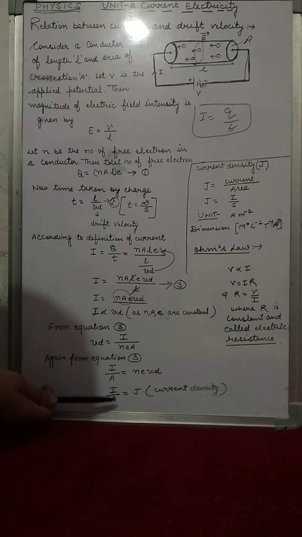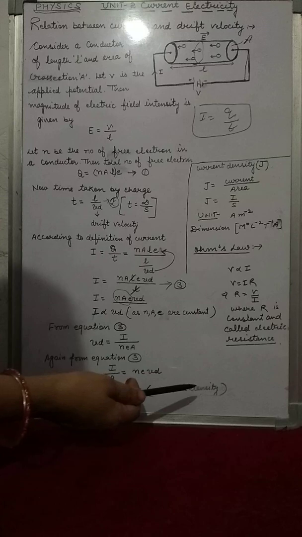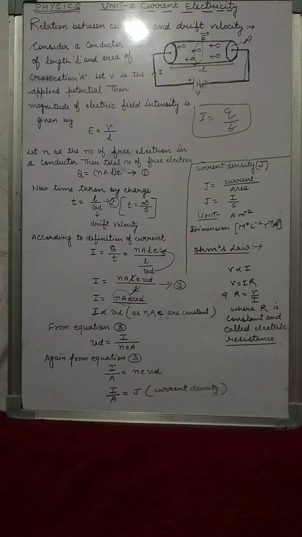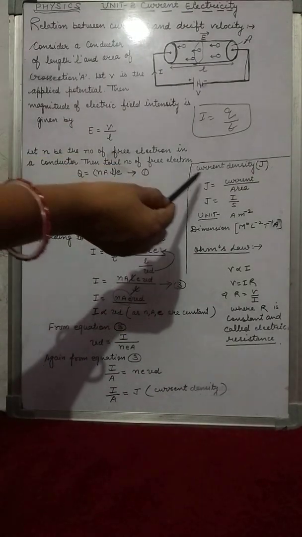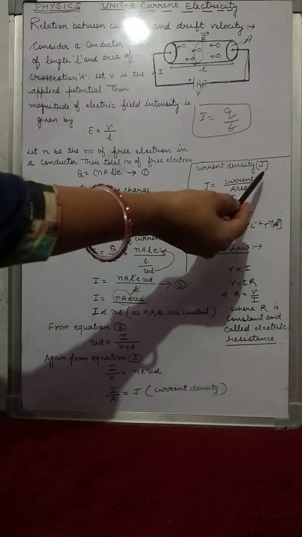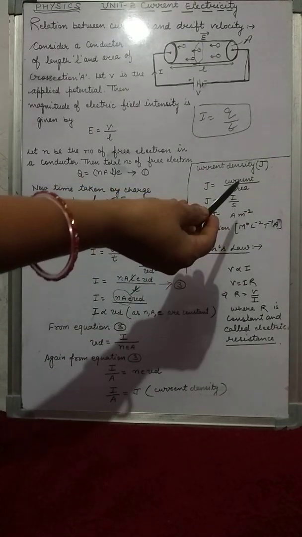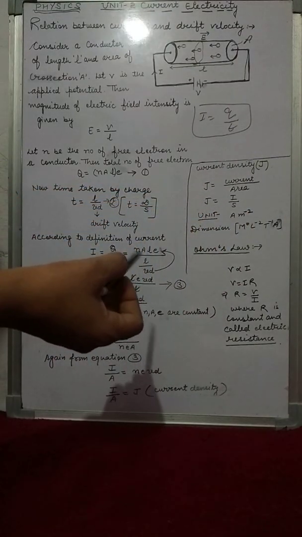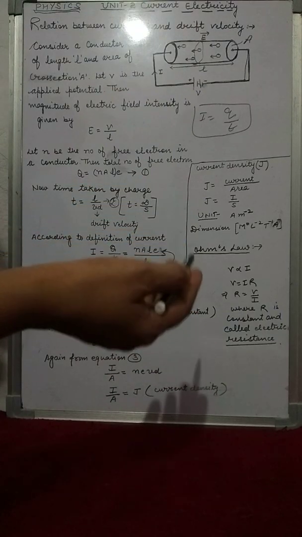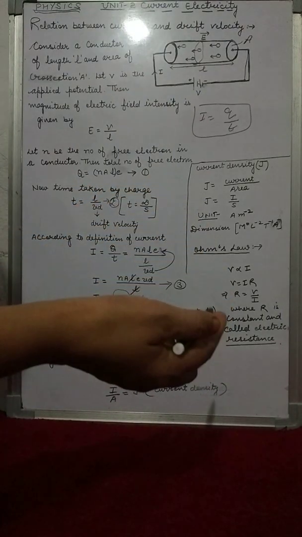And this I upon A is equal to J and is called current density. So what is current density? Current density is the ratio of the current to the surface area, the current flowing through a conductor per unit area.